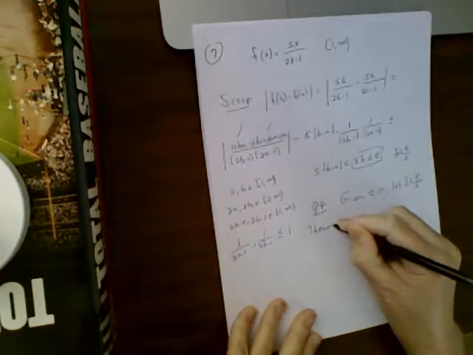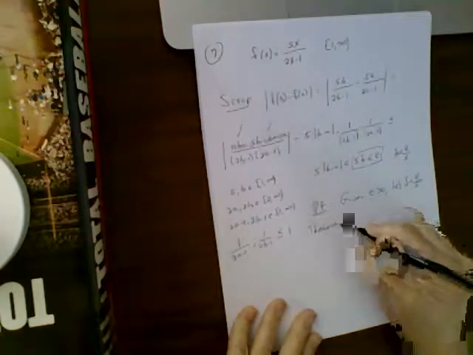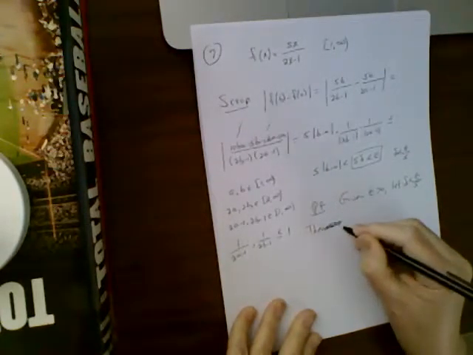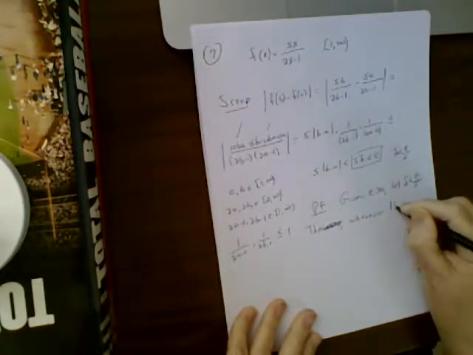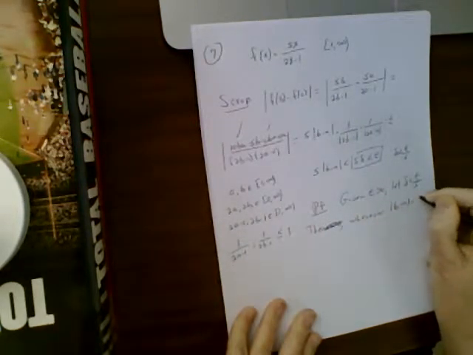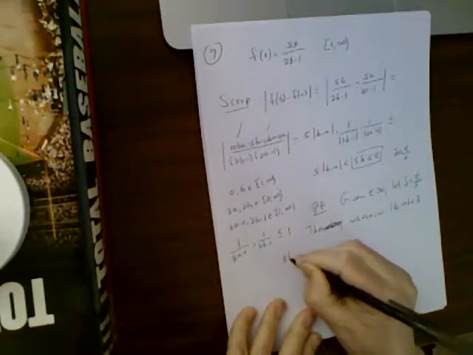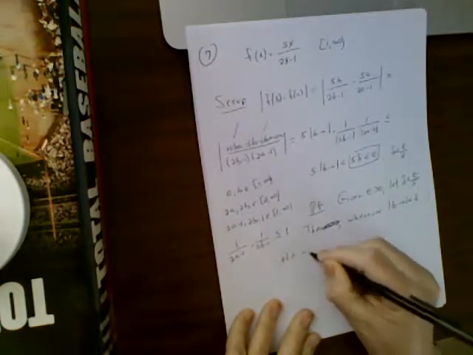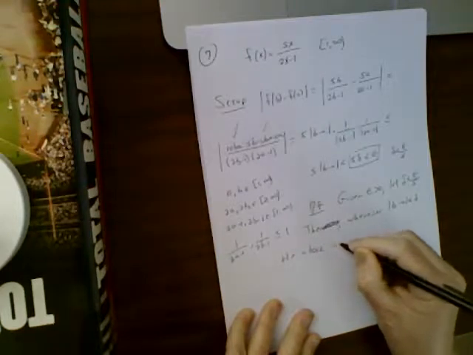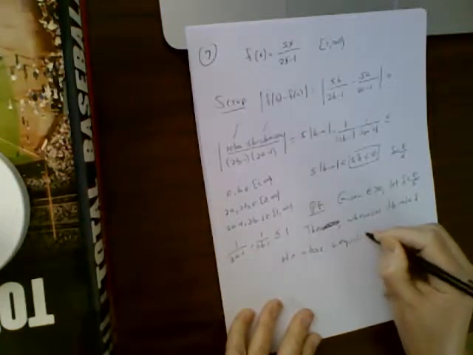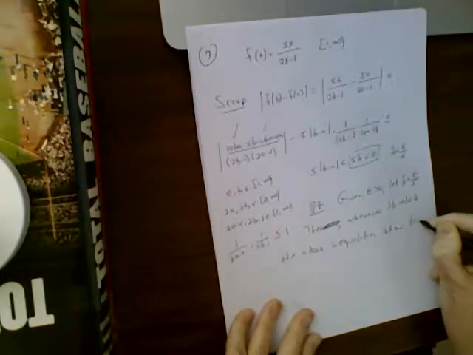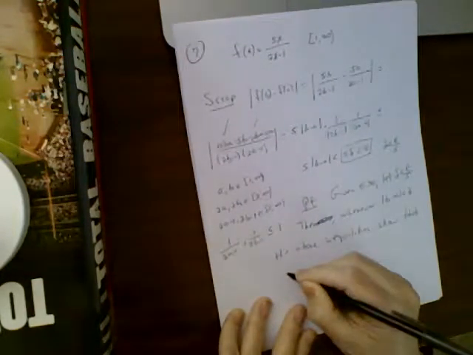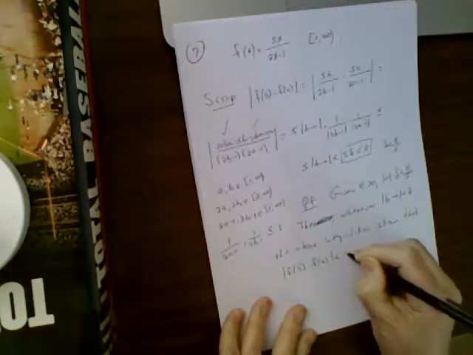Then, nice word I invented, then, whenever the absolute value of b minus a is less than delta, the above inequalities show that the absolute value of f of b minus f of a is less than epsilon.